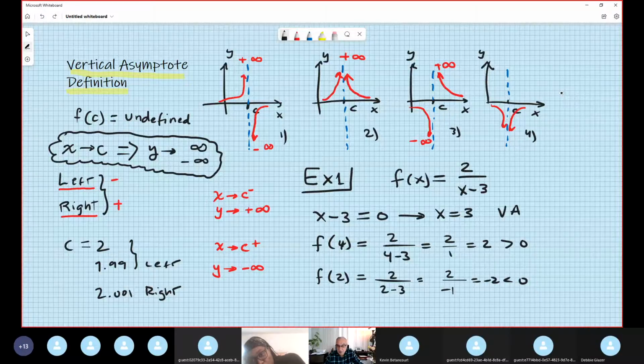So c is 3. When you evaluate at 4, it's positive, and when you evaluate at 2, it's negative.